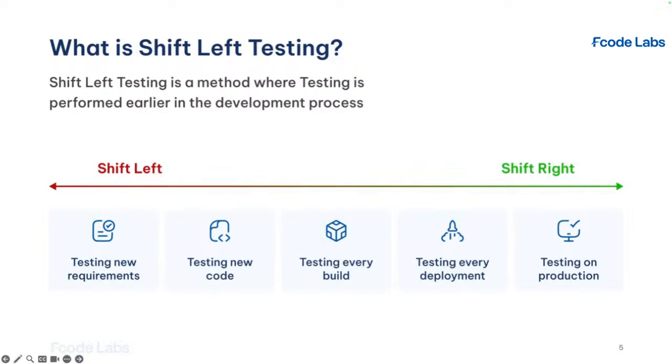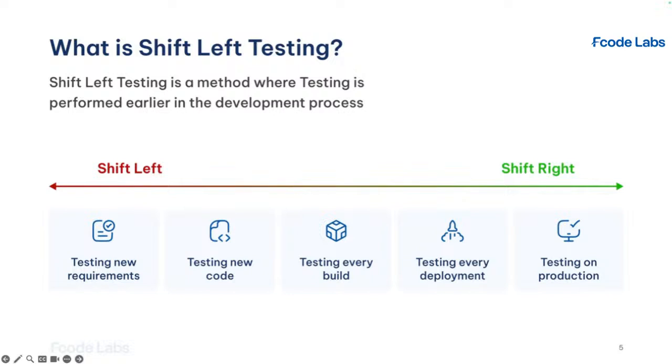This is a hand-in-hand effect. We have to work with business analysts, project managers, product owners, and different kinds of stakeholders hand in hand in order to make sure the shift left testing approach is followed by a team.